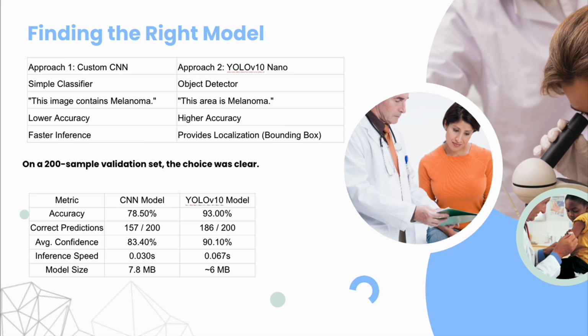It also had a higher average confidence, around 90.10%, and a smaller model size. Although the inference speed is slightly slower, the 15.5% jump in accuracy and the essential localization feature made YOLOv10 the clear winner for our application.